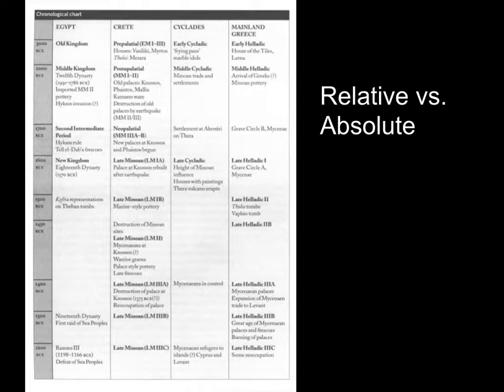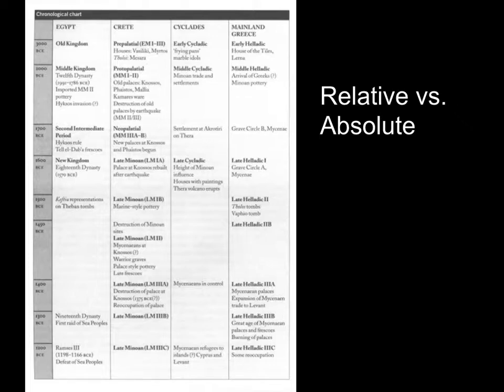By the middle of the New Kingdom, where we have some of the tombs in Thebes, etc., the late Helladic is fully developed, and we're starting to see the development of the palaces and the tombs, etc., on the mainland of Greece, and we start to see a destruction on the island of Crete. This is just to give you an idea of what's happening in Egypt while what's happening in Greece during this time.